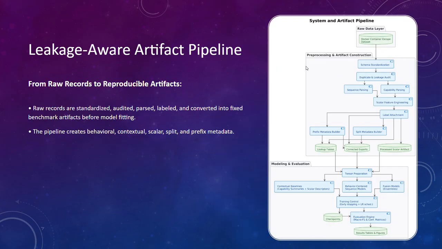So let's continue. This is the pipeline and system architecture we have incorporated, which goes all the way from the Docker container escape dataset to pre-processing and artifact construction, which includes auditing, duplicate, and leakage checks, to parsing sequence and capability features, scalar feature engineering, and prefix and split metadata builders, then lookup tables, corrected exports, and processed scalar artifacts.